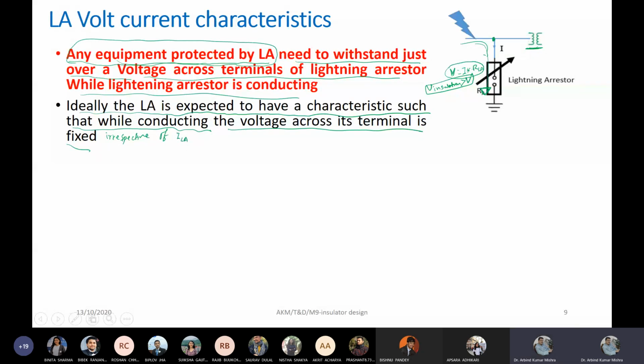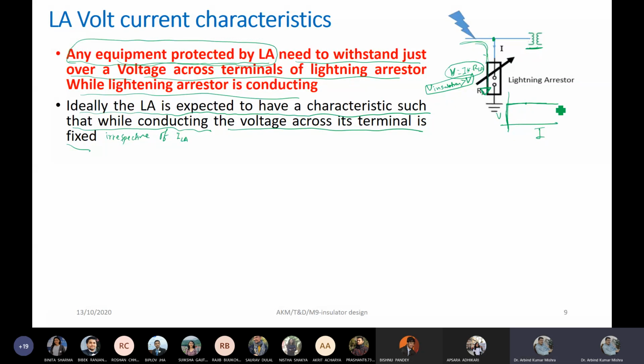What does it mean? Once it starts conducting, it should fix the voltage, whatever the current flowing through it may be. So, if we consider the ideal volt-time characteristic of any lightning arrestor, it should look like this.